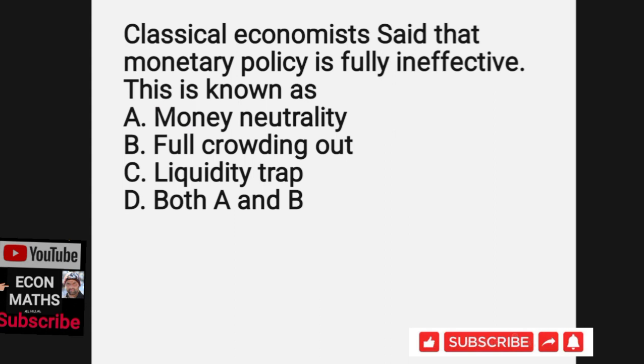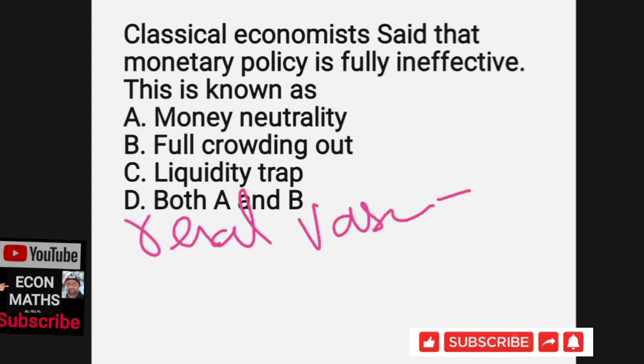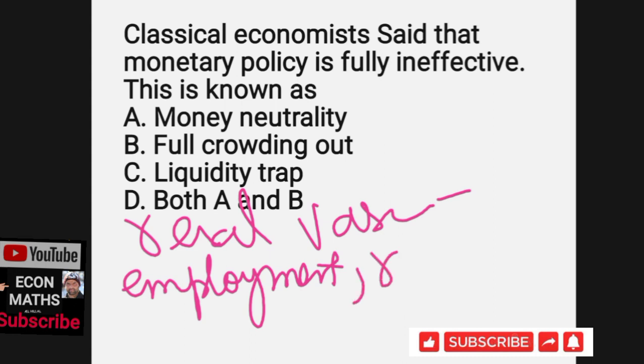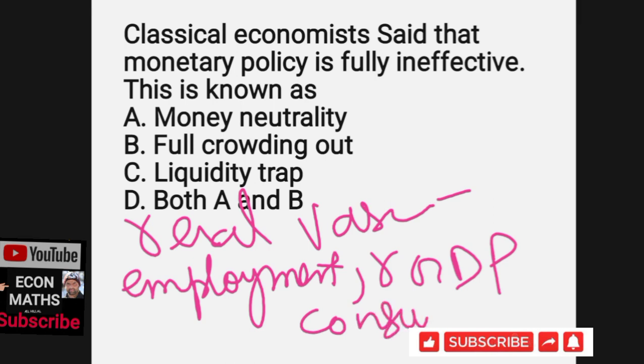The real variables are things like employment, real GDP or real consumption. So the classical economists believe that a change in the money supply affects only the nominal variables and there is no effect on the real variables. This is known as money neutrality.